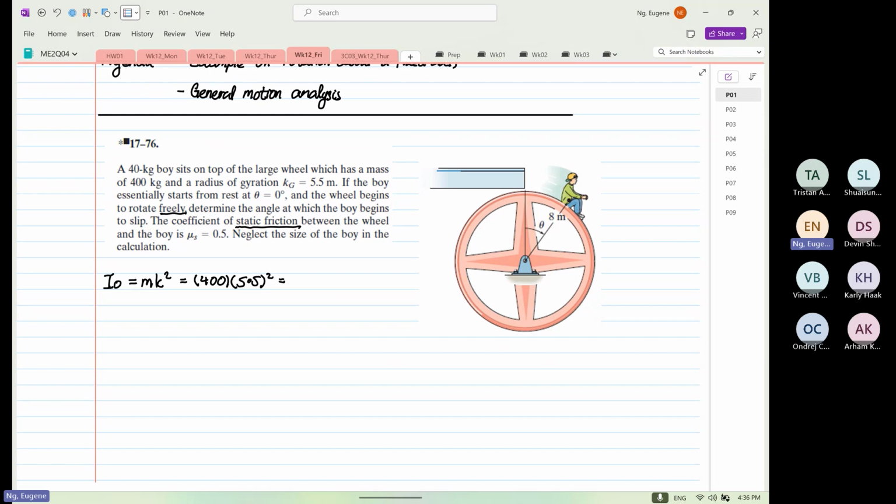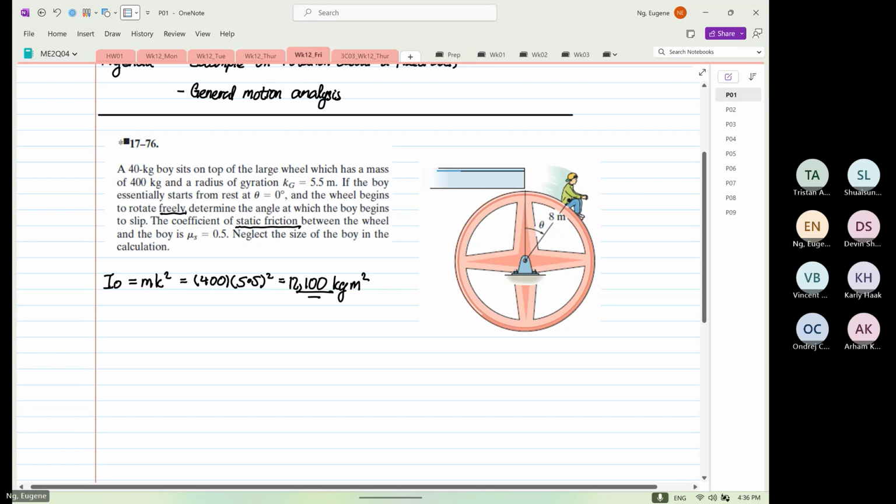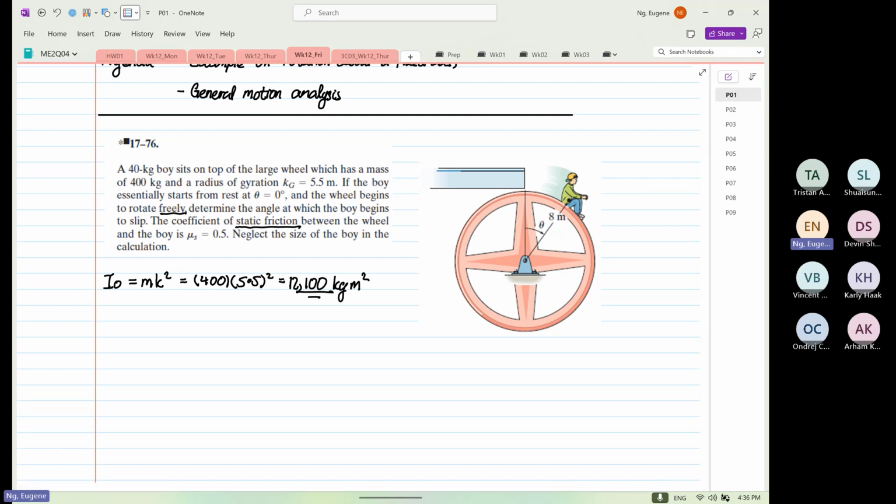Okay, so we are focusing on the wheel for now. So 400 times 5.5 squared, you get 12,100 kilogram meter squared. Okay, so that's what we know. Right, then the rest of the stuff we have to start constructing.